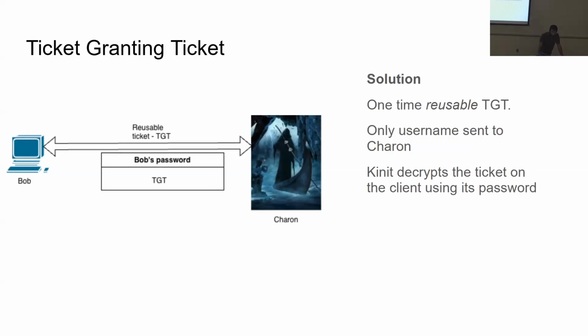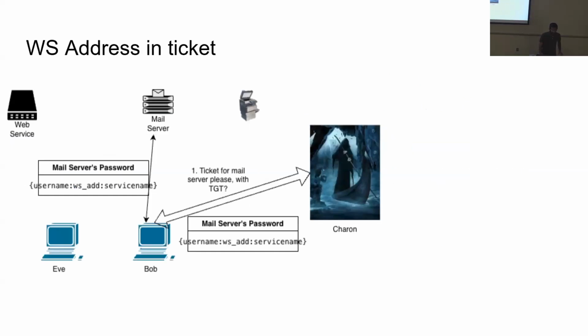But again, there is one issue which still persists. As mentioned, we still have network sniffing, which can happen over here, where Eve can just sniff the TGT from Bob, reuse that TGT and make a request on behalf of Bob.